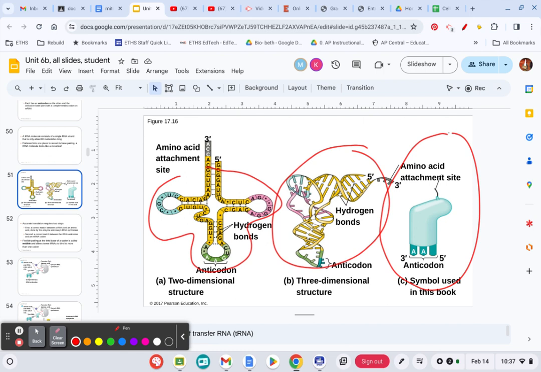And then you're going to have on one side, this is kind of a little one, but we'll make it bigger here, there's an attachment site for an amino acid. Now, every tRNA has a specific anticodon that it is carrying. And maybe that anticodon is AAC.